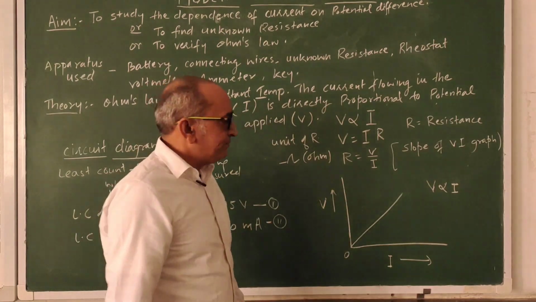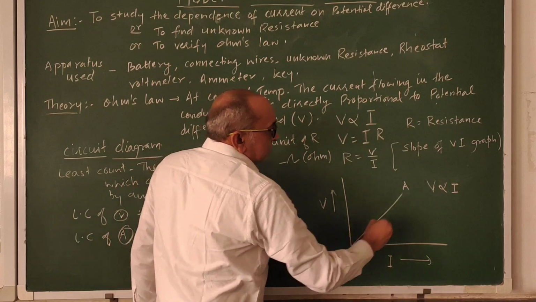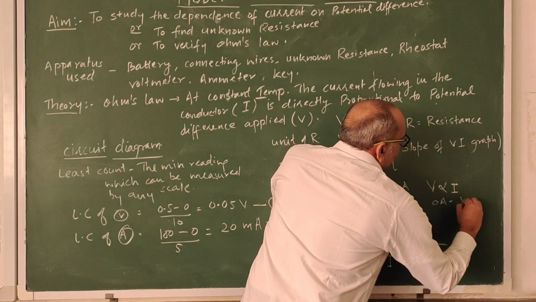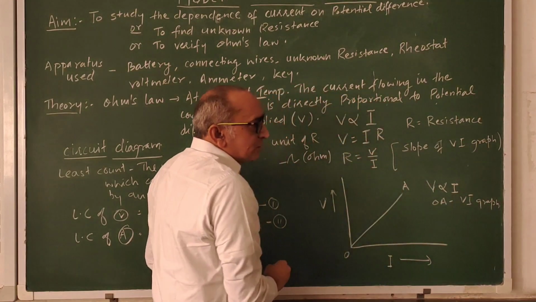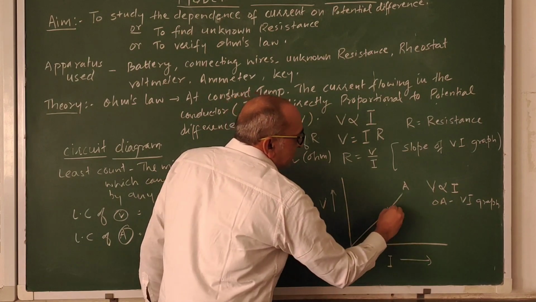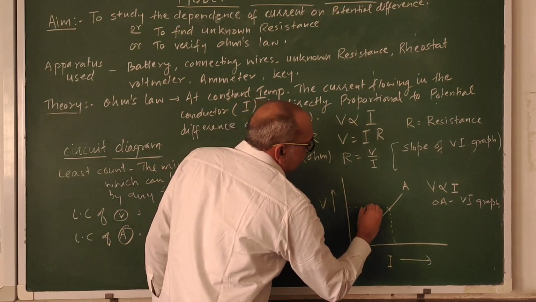This is our graph. OA is the VI graph. For finding the slope of this OA, we have to take a point here and draw two perpendiculars on both the axes.